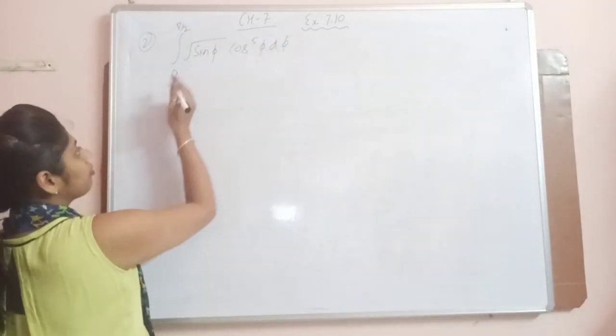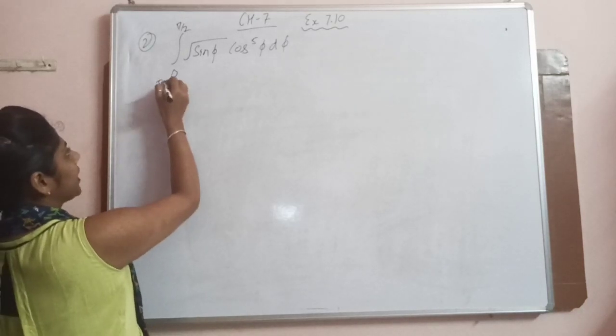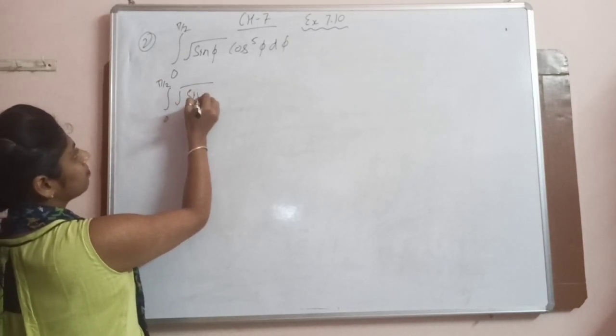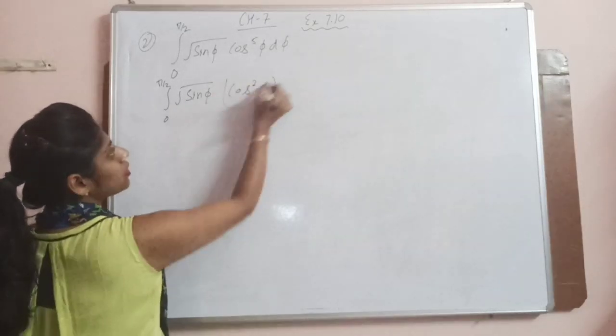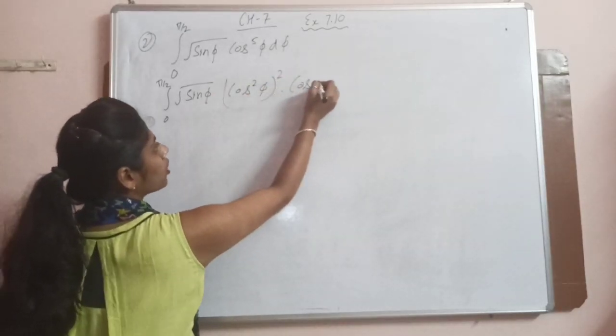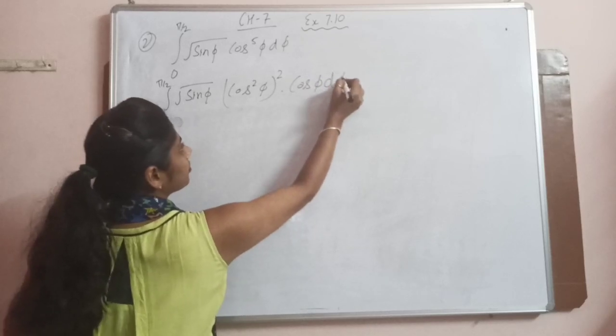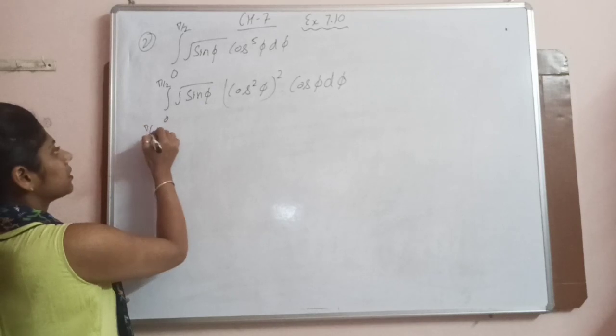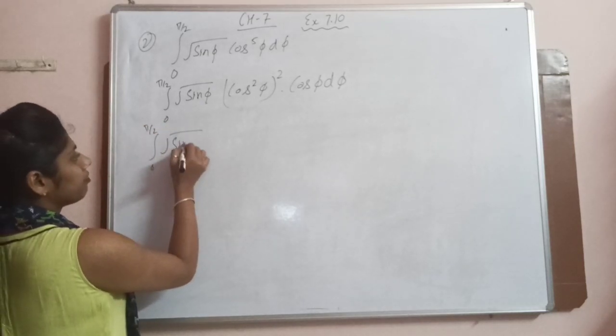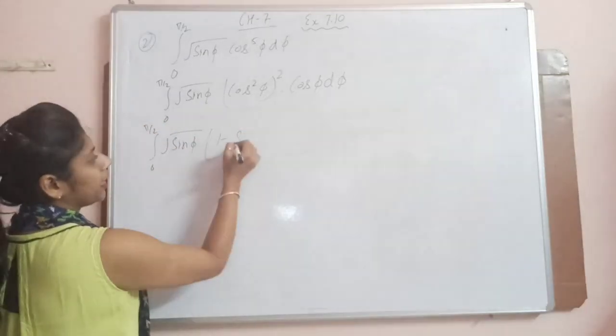Firstly, we can write cos power 5 as cos square phi whole square into cos phi. Again, cos square phi can be written as 1 minus sine square phi by using the identity.